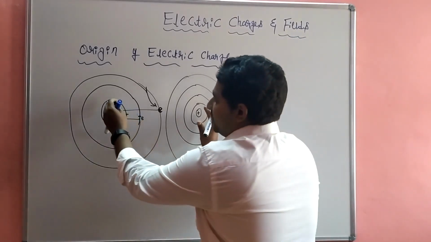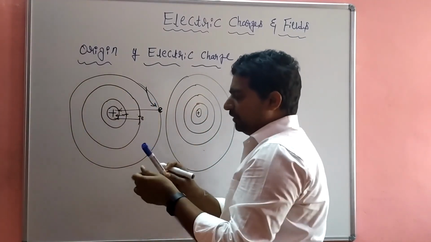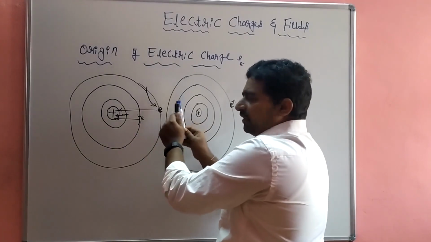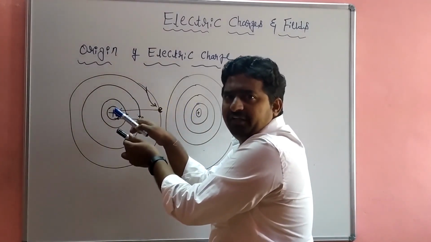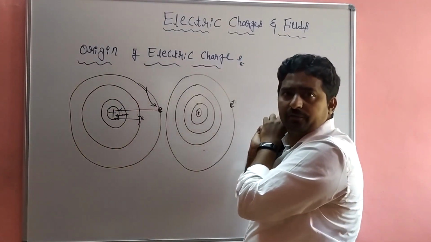So when these two atoms are rubbed with each other, one atom, because of its own property, easily loses the electron.